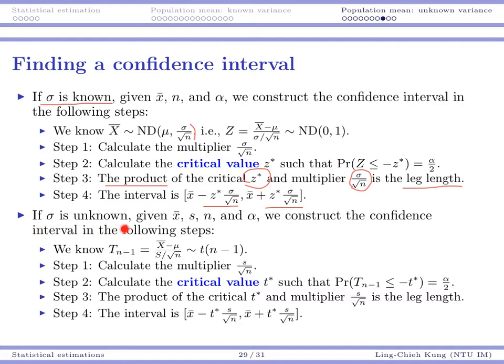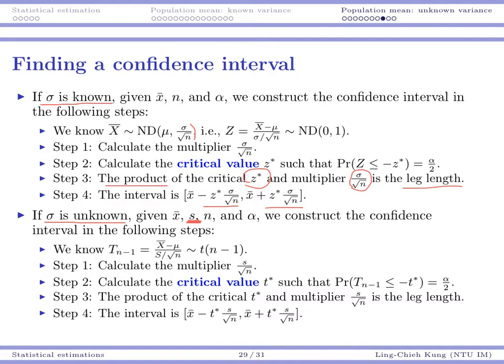If sigma is unknown, now you need small s in your calculation, in your estimation. First, we need to recognize that this formula, with capital S in the denominator, gives you a random variable which follows a distribution that you know, a t distribution.